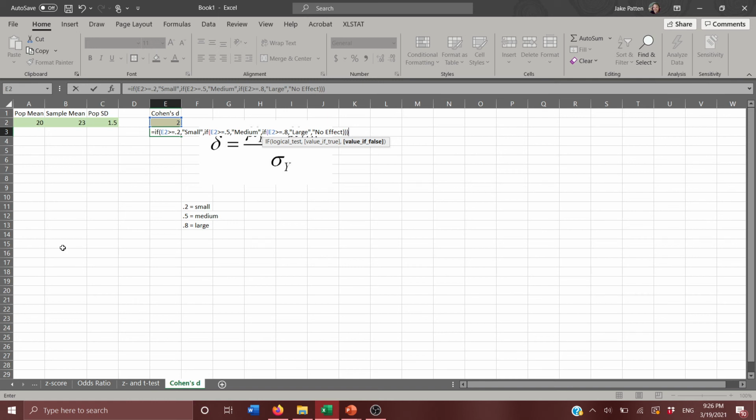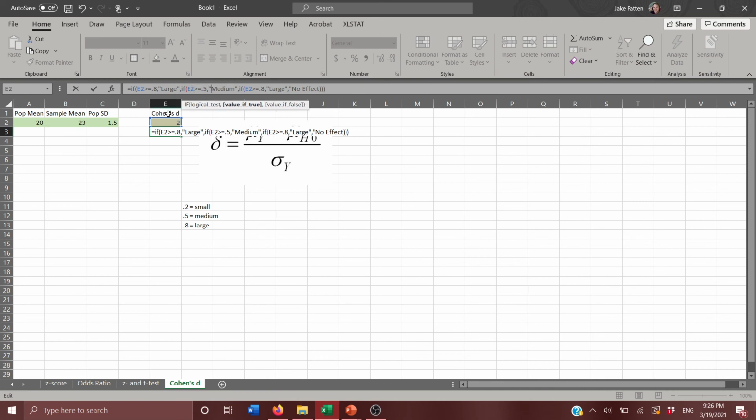This is going to give us the wrong result, because it is going to be greater than or equal to 0.2 if it is also greater than or equal to 0.8. So it's going to display small and not even go to the next step. So we need to start with the largest one. It's either greater than or equal to 0.8, and that'll tell us large.